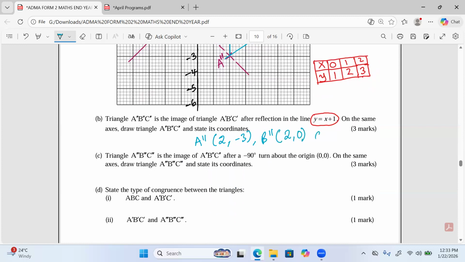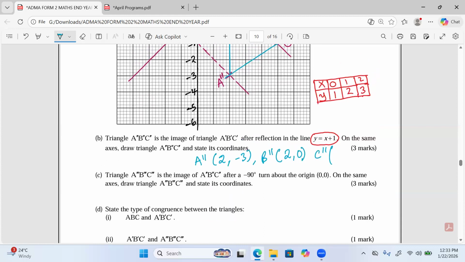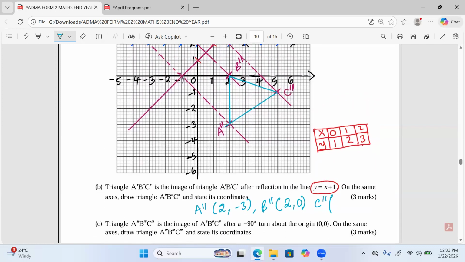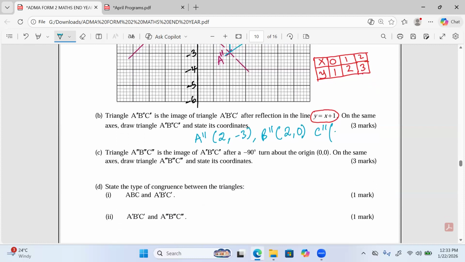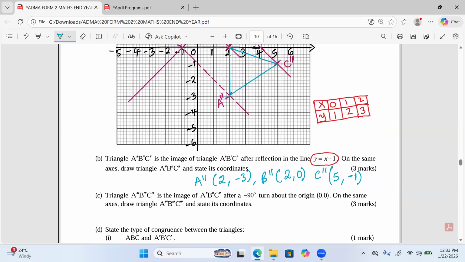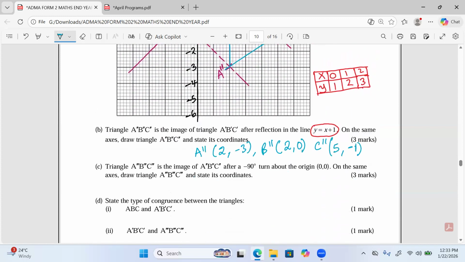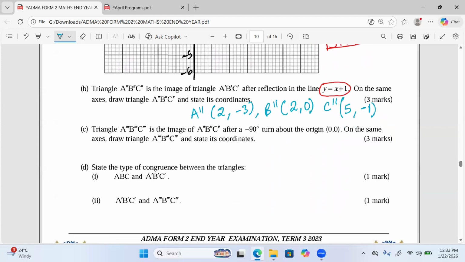And for C double prime, the coordinate is 5, -1. So now we are having the triangle there. Let's check the next instruction.